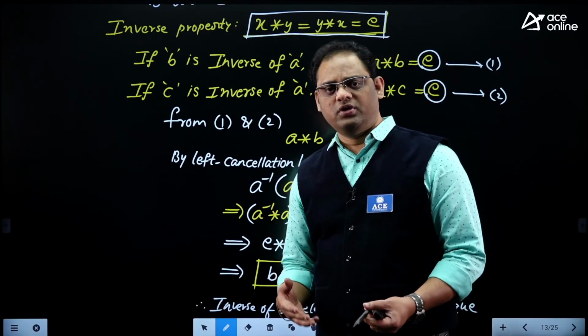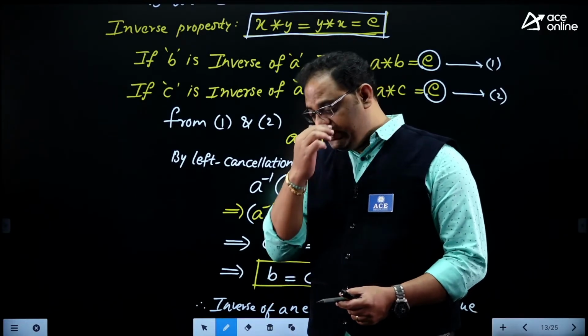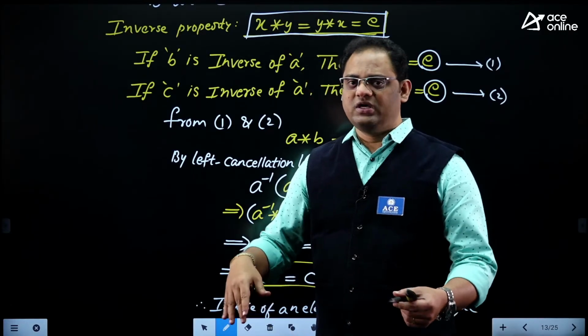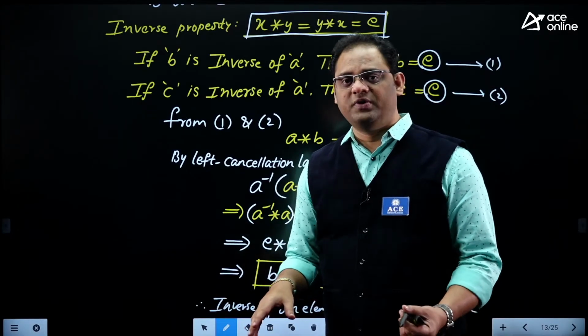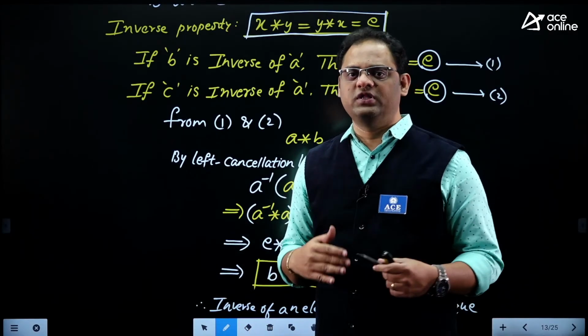At minimum you should know the property, and some students cannot understand it. They don't want to learn the property by heart; they just want a clear-cut proof for it.